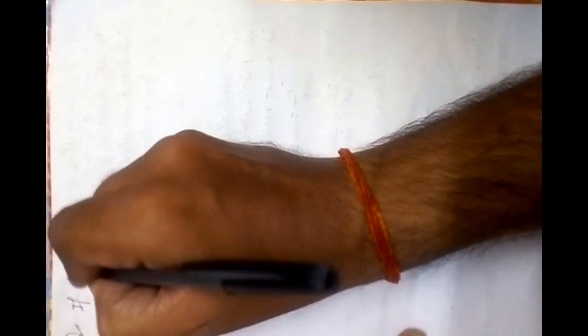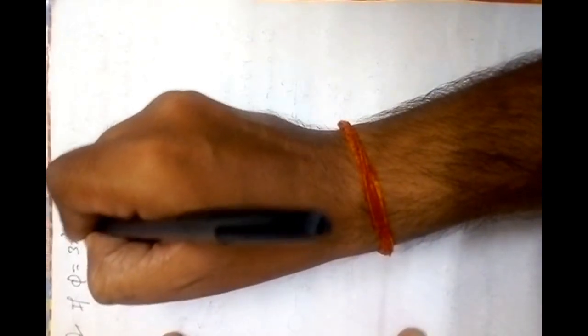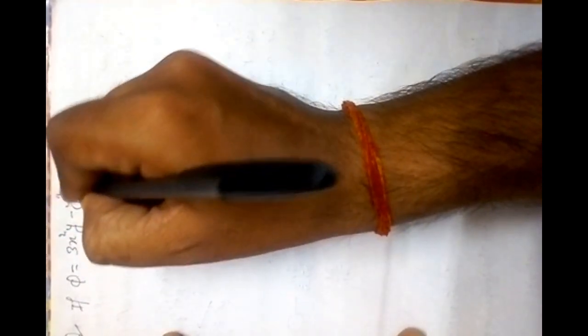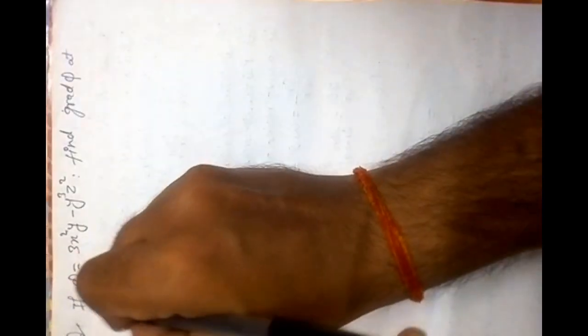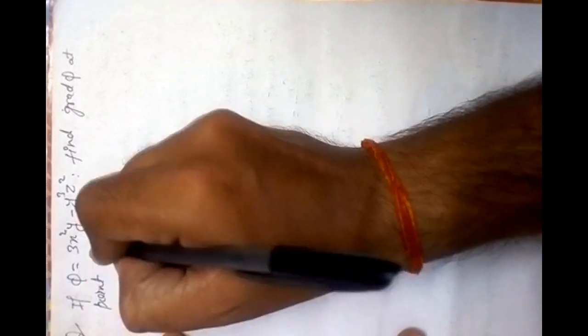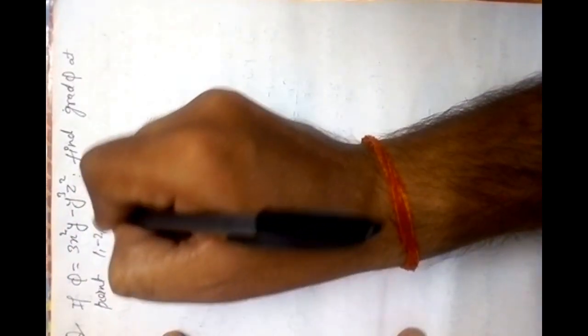Question is, if phi is equal to 3x square y minus y cube z square, find gradient phi at point 1 comma minus 2 comma 1.